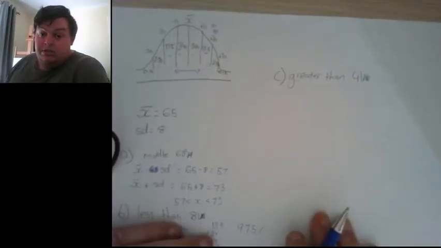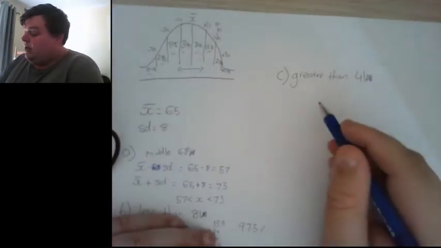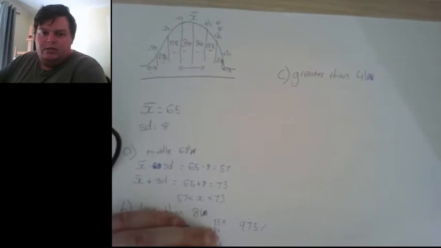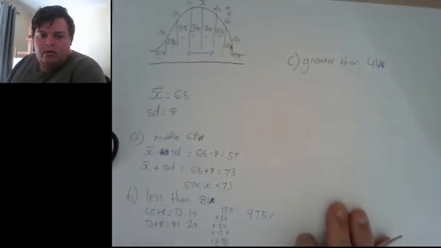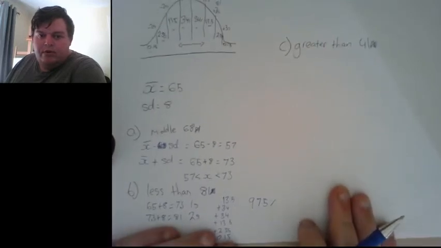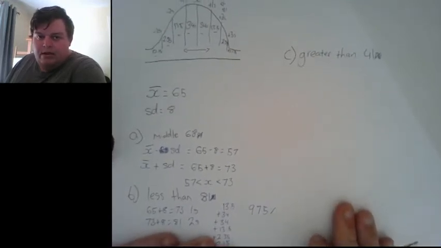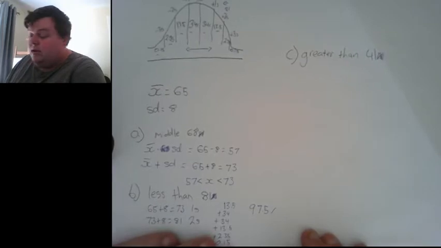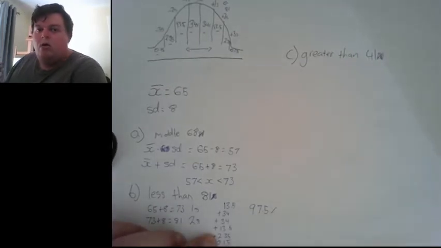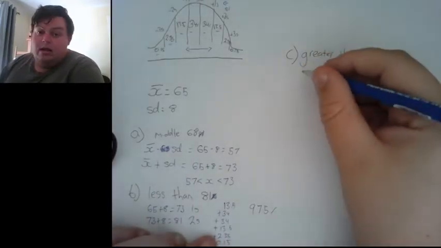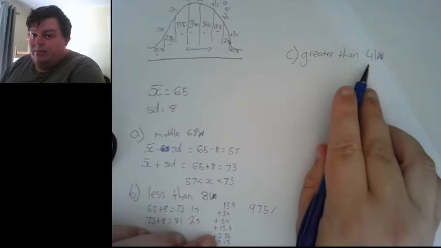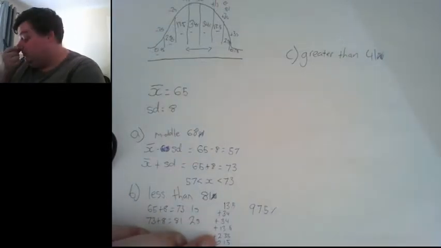We'll do another one just so you get the hang of it. So again, let me refocus this. Okay. So again, I've got another question asked to find the percentage that is greater than 41. I'm going to do what I did last time, but this time I'm going to subtract standard deviations because this is less than the mean.